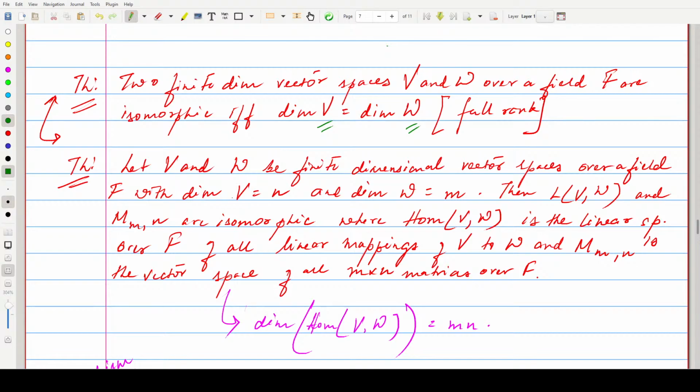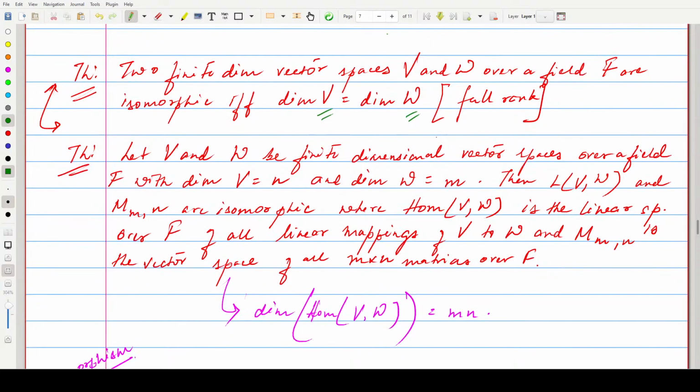That makes more sense in the next theorem, which says that if V and W are finite dimensional vector spaces over a field F with dimension of V equal to n and dimension of W equal to m, then L(V, W) and M_{m×n} are isomorphic, where L(V, W) is the set of all homomorphisms from V to W, the linear space over F of all linear mappings of V to W, and M_{m×n} is the vector space of all m cross n matrices over field F, right?